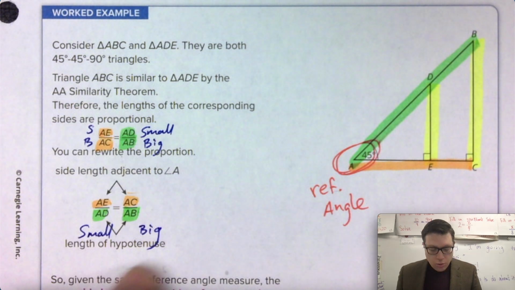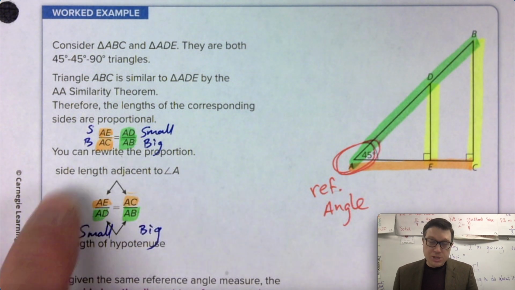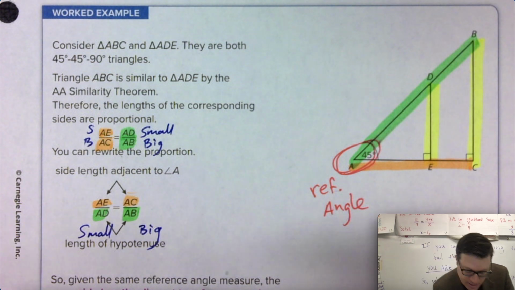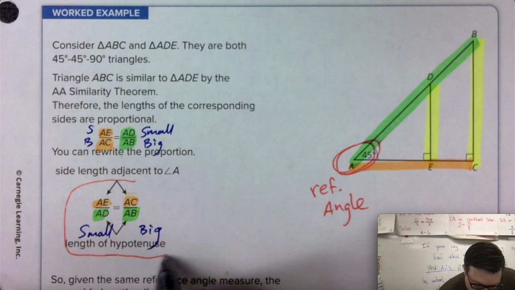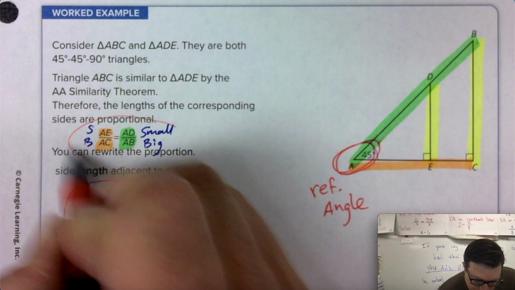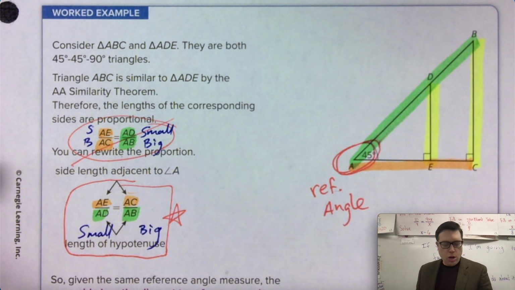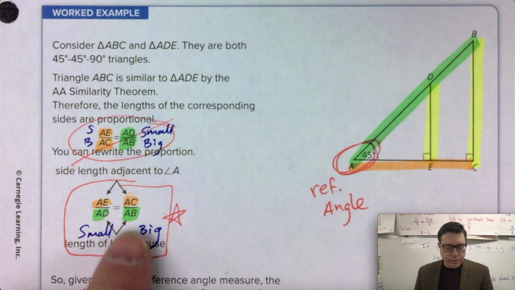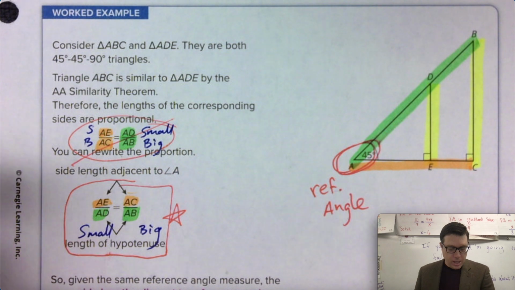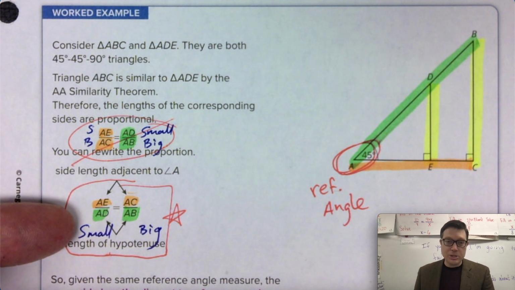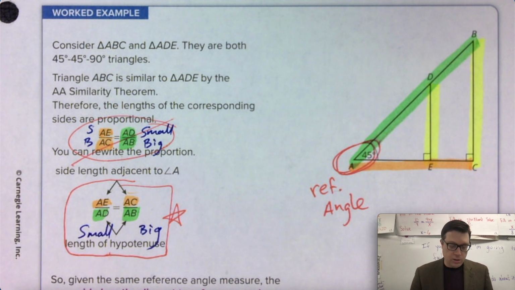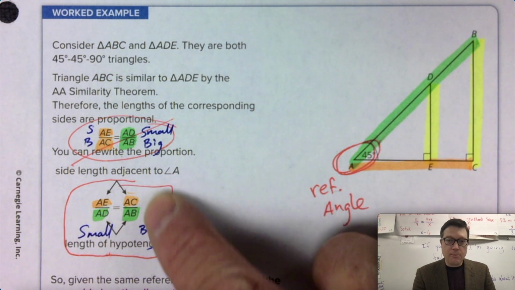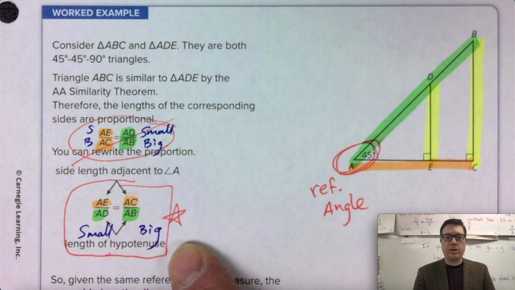And this arrangement of the fraction is actually what's going to govern the math that we're doing in the rest of our topic. We want this, star it, less of that. It's not that this is wrong, though. This is okay. It's just we're going to be really doing proportions that look like this. An adjacent side compared to a hypotenuse for the small triangle, and an adjacent side compared to the hypotenuse for a big triangle.